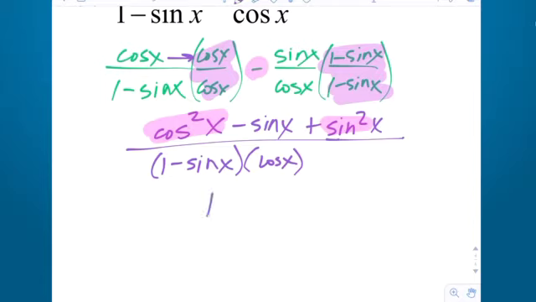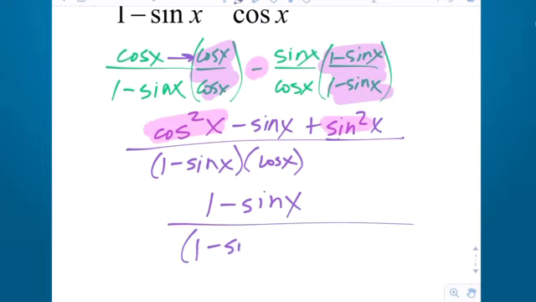Yeah, negative sine of x plus 1, or 1 minus sine of x, yeah? And on the bottom, I have my two factors, 1 minus sine of x and cosine of x. Now, when they're written side by side like this, at least the 1 minus sine of x has to be in parentheses, right? Otherwise, it looks like it's 1 minus sine times cosine. Now what?